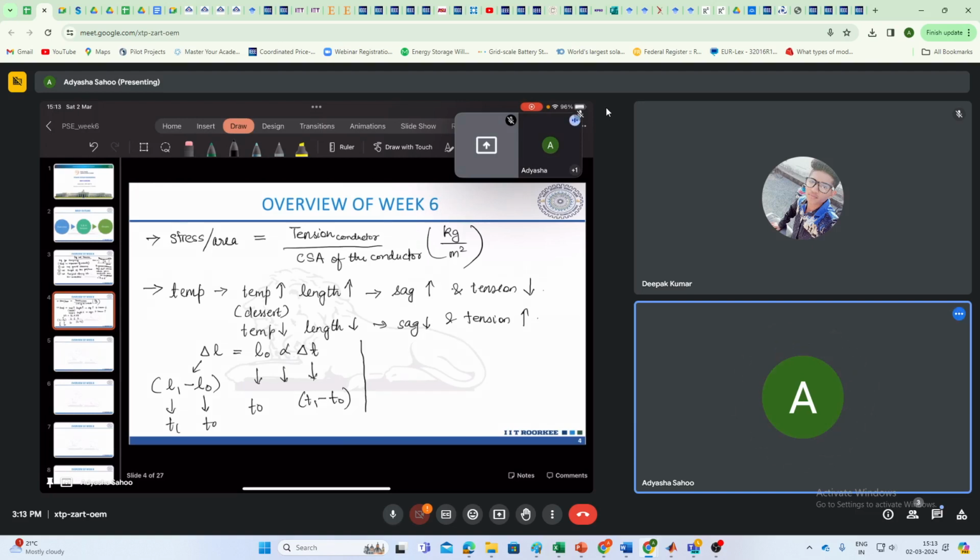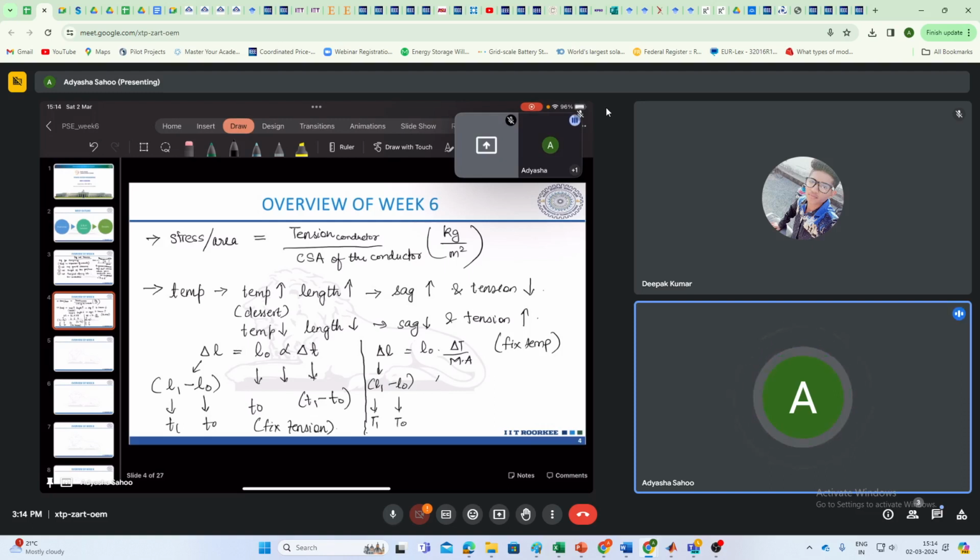Similarly, you can also calculate the change in length of the conductor due to change in tension for a fixed temperature. Here delta L is L1 minus L0, where L1 is the length of the conductor at tension T1 and L0 at tension T0.